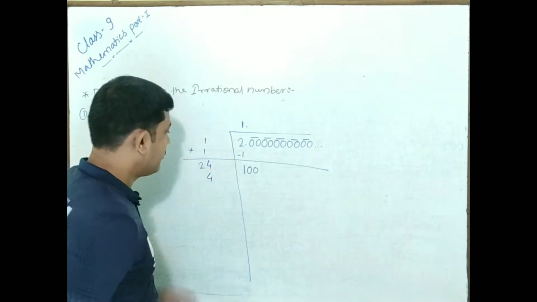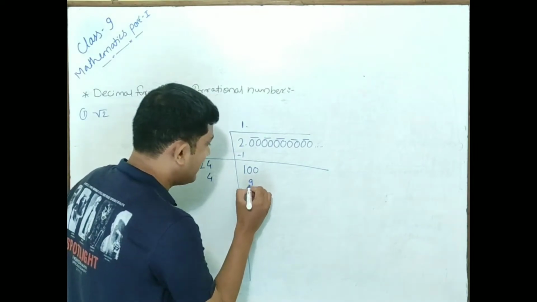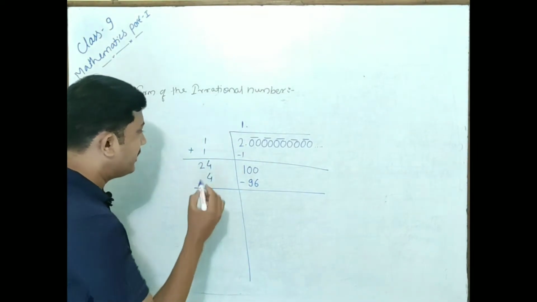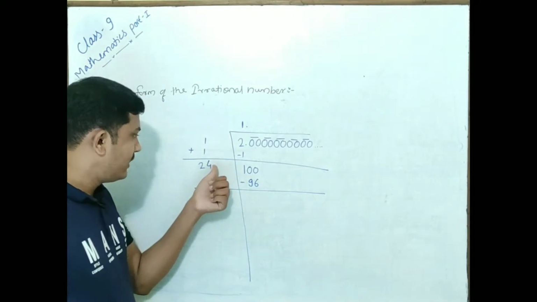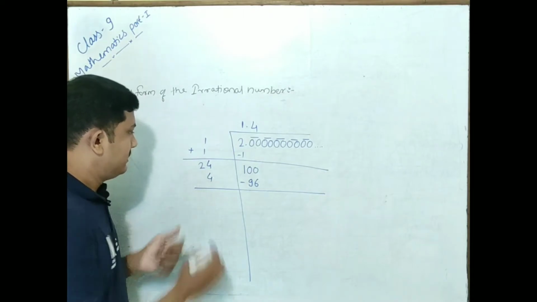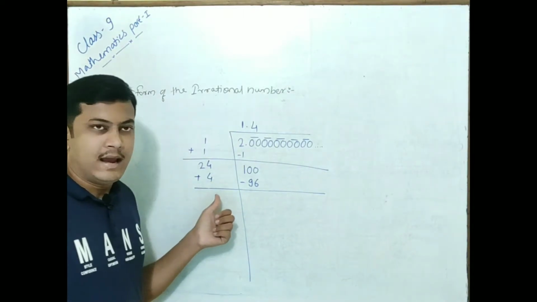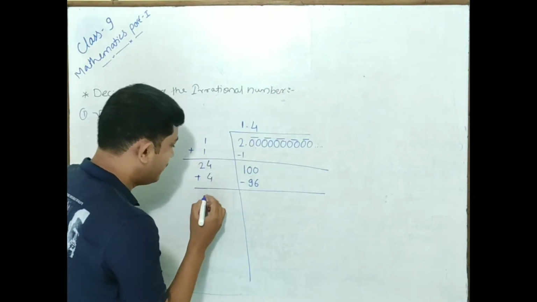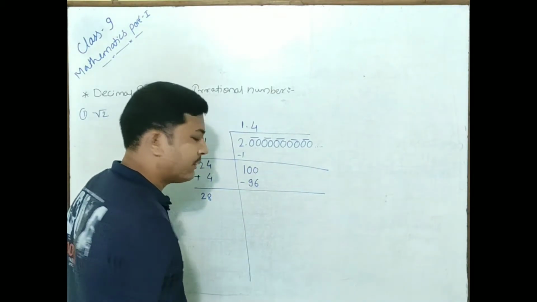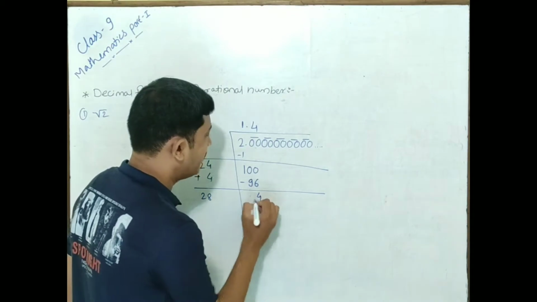So if we multiply 24 by 4, that is 96. Again the same thing, 4 we have to represent at the 3 places, here 1, 2 and here 3. Here it gets added, that is 24 plus 4, it is 28. Now if we do the subtraction, here we get the remainder as 4.